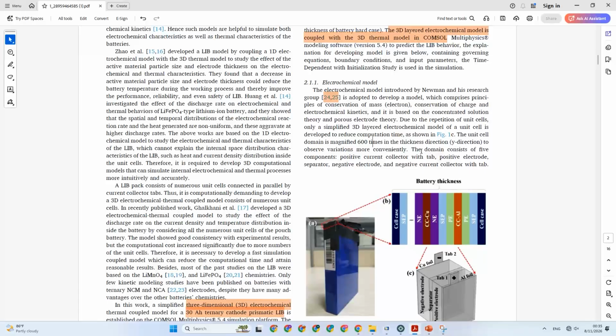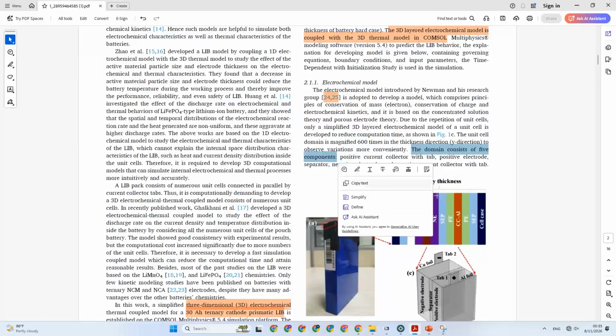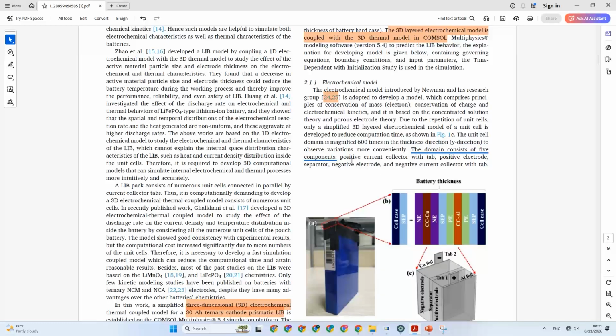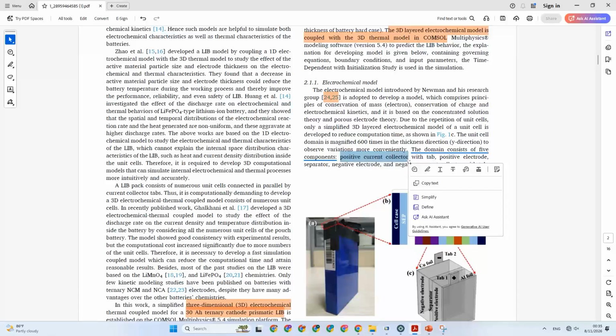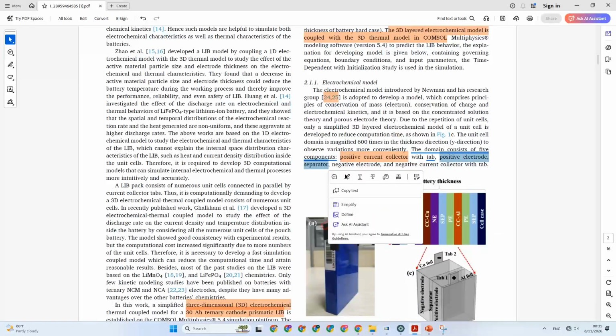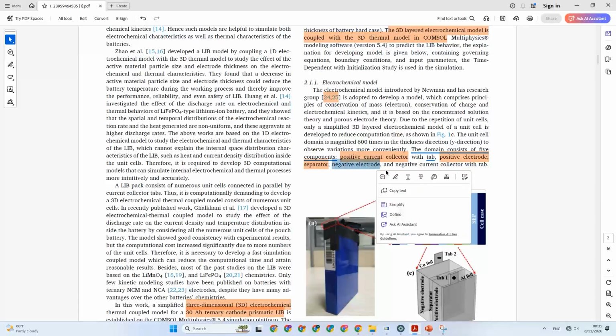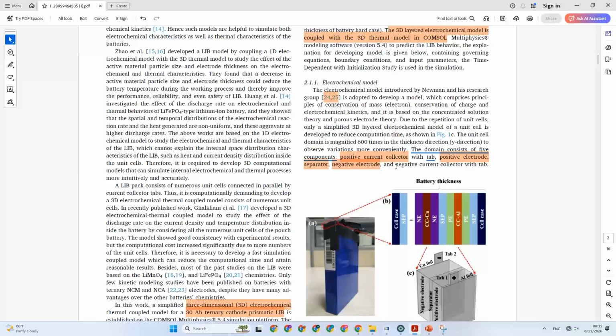The domain consists of 5 components: positive current collector with tab, positive electrode, separator, negative electrode, and negative current collector with tab.